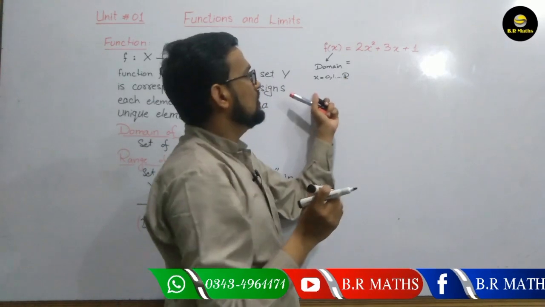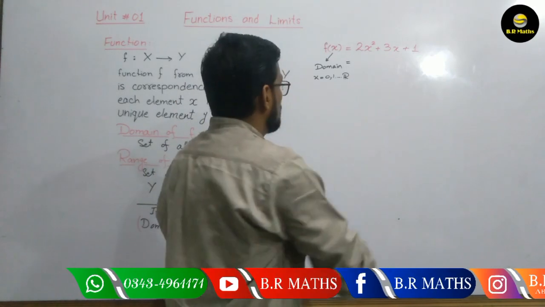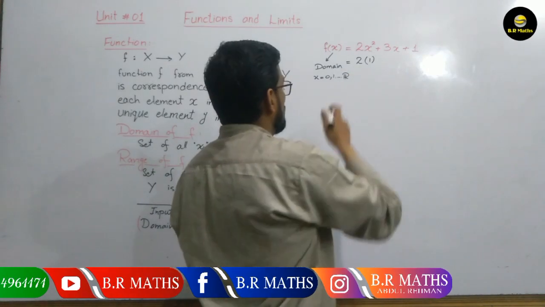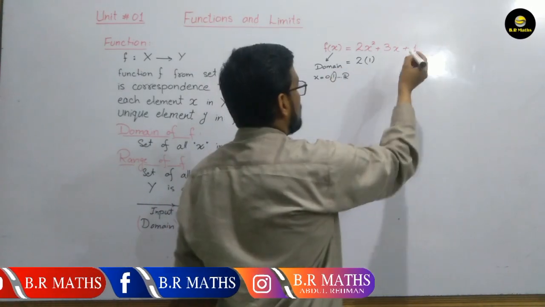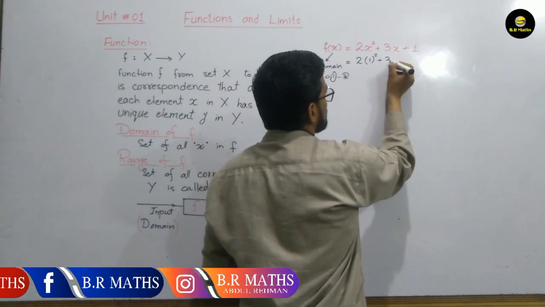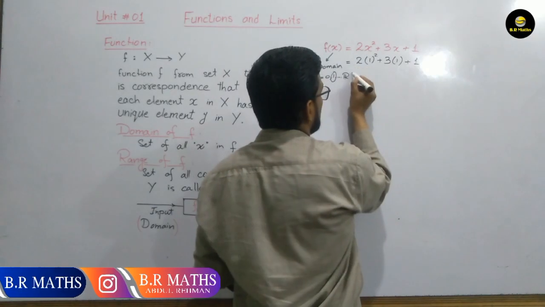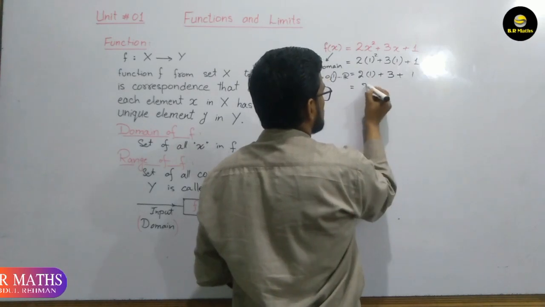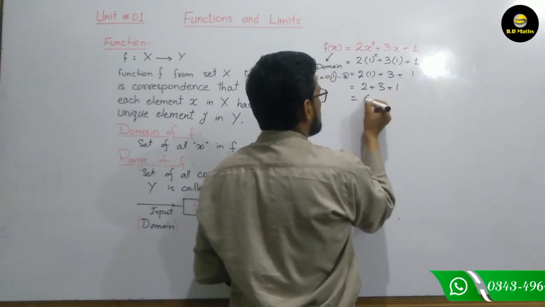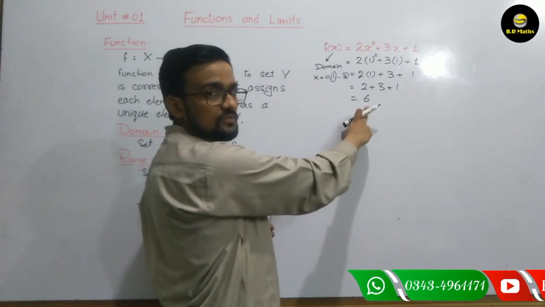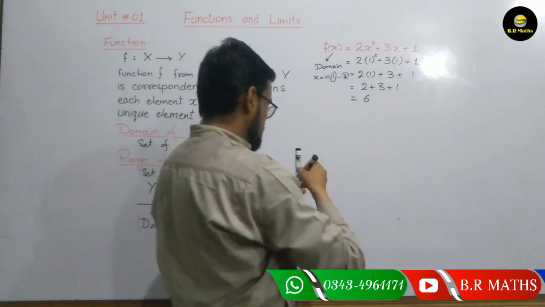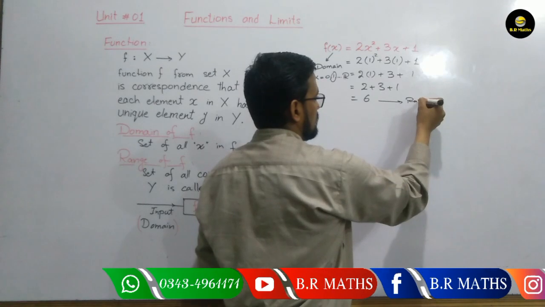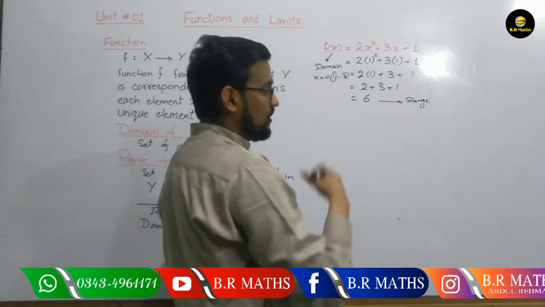Okay, the domain is all real numbers. So let's take 1: 1 square plus 3 times 1 plus 1. 1 square is 1, 3 ones are 3, so 1 plus 3 plus 1 is 6. This is the output, meaning the range. This is called the range, and 6 belongs to the range.